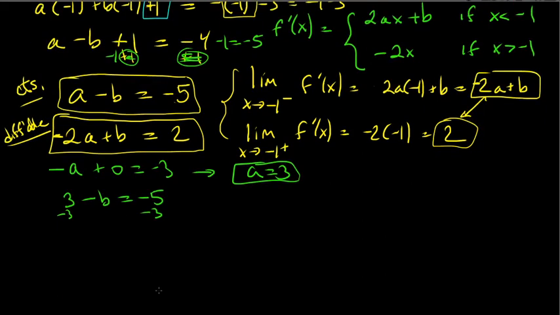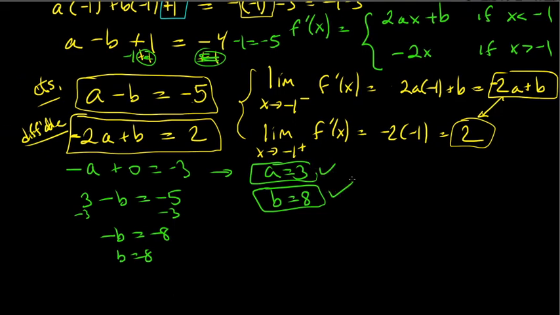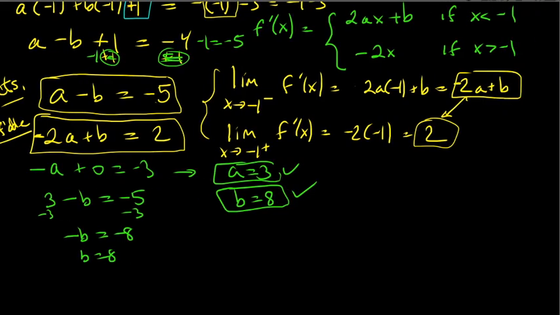And we get negative b is negative 8. So b is positive 8. Okay. So a is 3, b is 8. And that's what the answer key has, so let's go with that. So I think these are right. I don't know how that got moved.